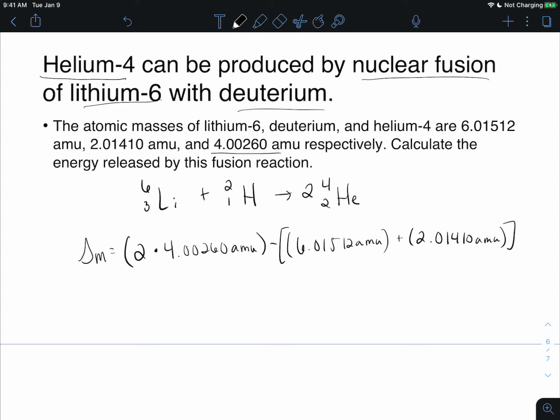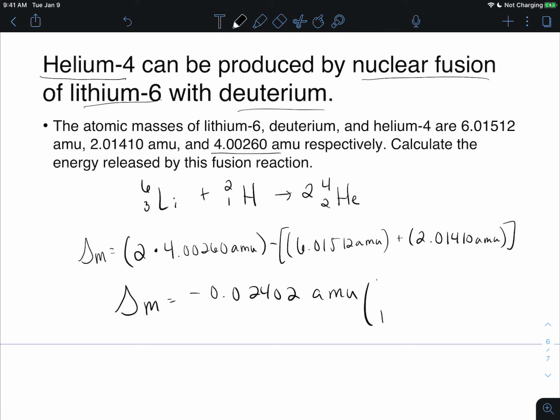And what we get is a mass defect of negative 0.02402 AMU with correct sig figs. And then we're going to want to put this into kilograms so that we can put it into our E equals mc squared equation. And to do that, we're going to convert from AMU to kilograms with the following conversion.